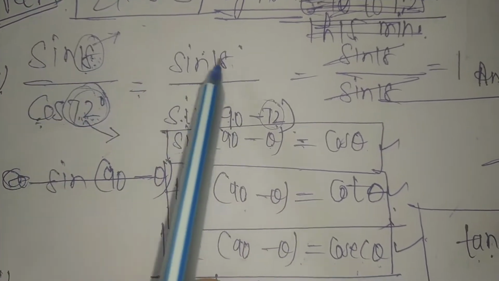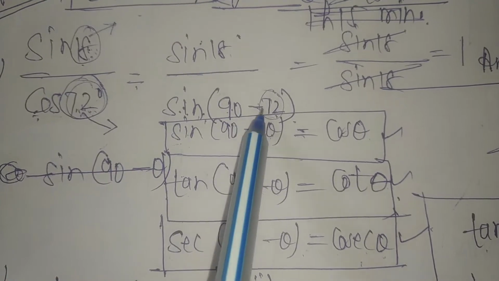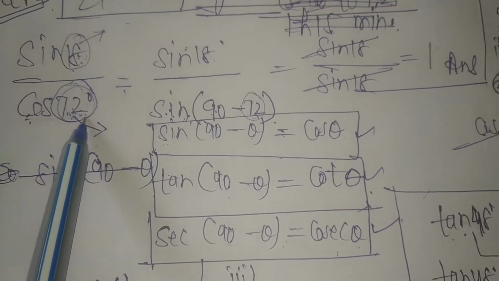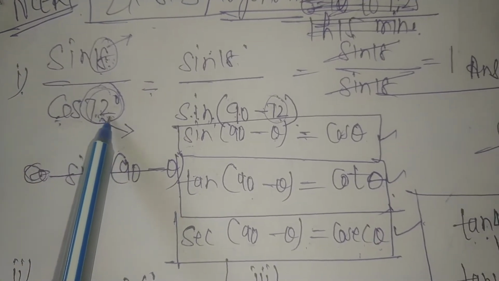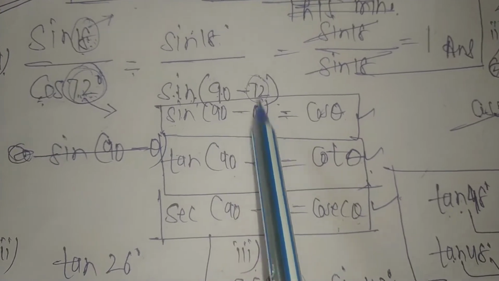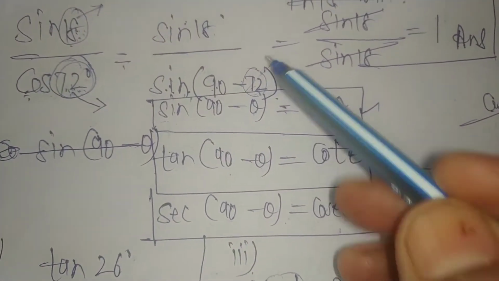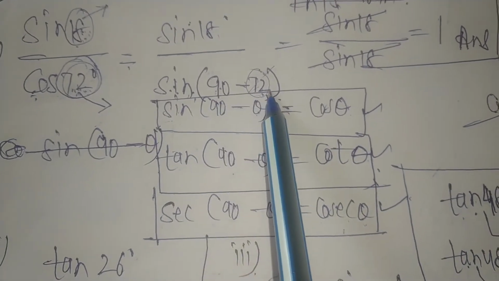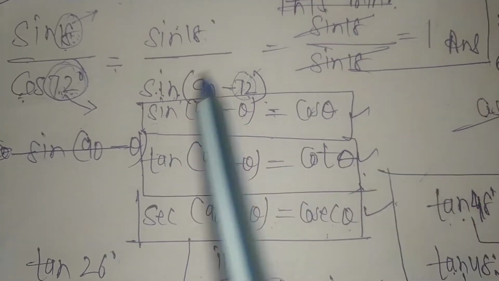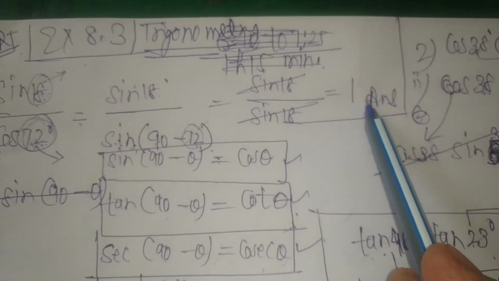So sin 18 as it is, and cos 72 I will write as sin(90 − θ), because sin(90 − θ) equals cos θ. So whatever the angle is here, that same angle we will put here. What is 90 − 72? This is 18. So sin 18 as it is, and we will use sin 18. This cancels with this, and 1 will be your answer.